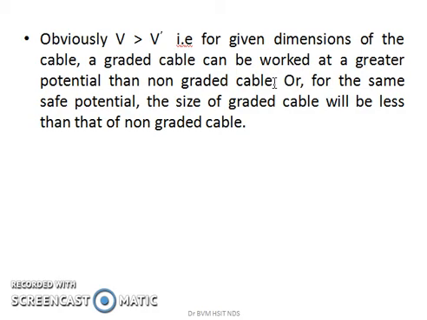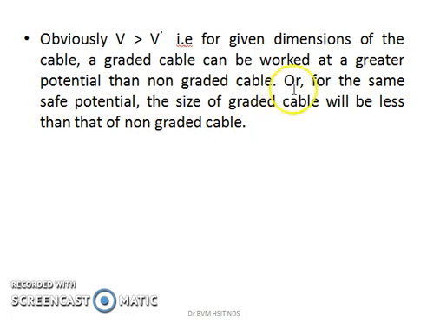If the non-graded cable for the same dimensions is used for 11 kilovolts, the graded cable for the same dimensions can be used at more than 11 kilovolts, maybe around 22 kilovolts, 33 kilovolts also. It has to be calculated. Or for the same safe potential, the size of the graded cable can be less than that of a non-graded cable. Understanding this?